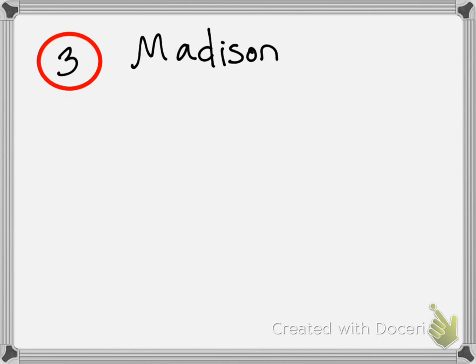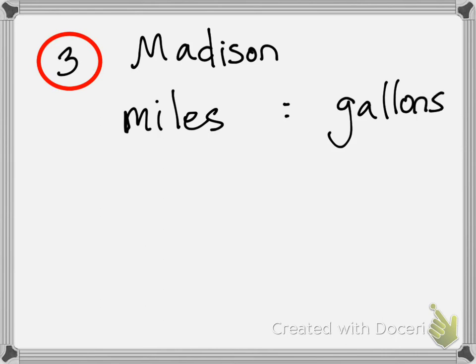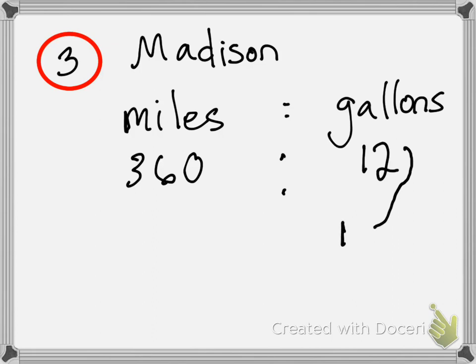Madison, come up and you're going to do number 3. I want you to teach it nice and loud. So we have 360 miles and 12 gallons of gas. Now we have to make it a unit rate, so we have to divide this by 12 to get 1.